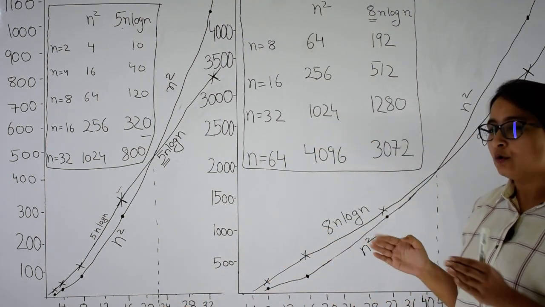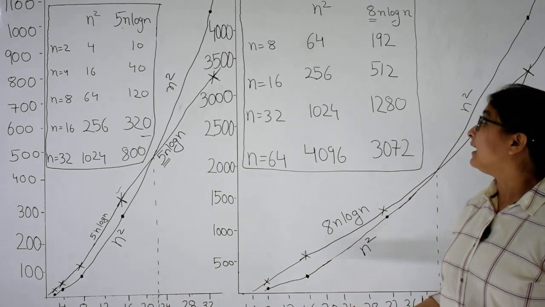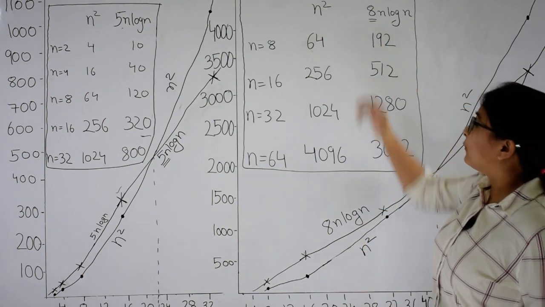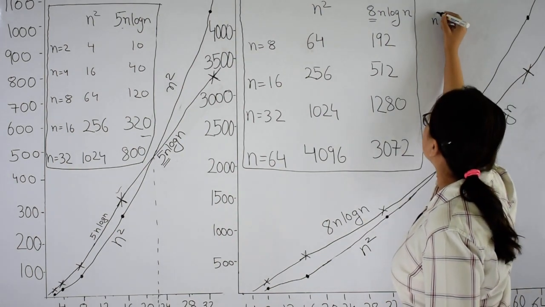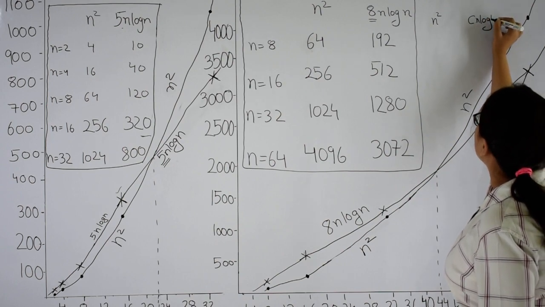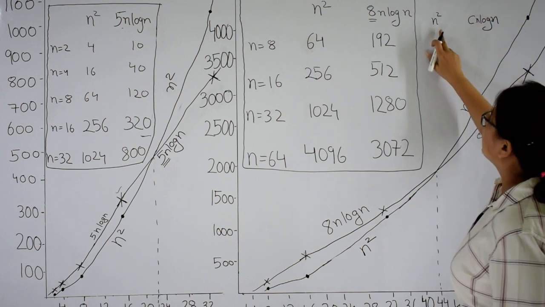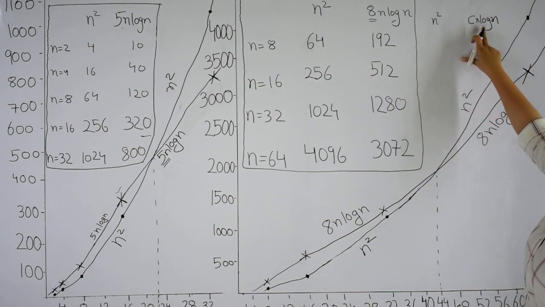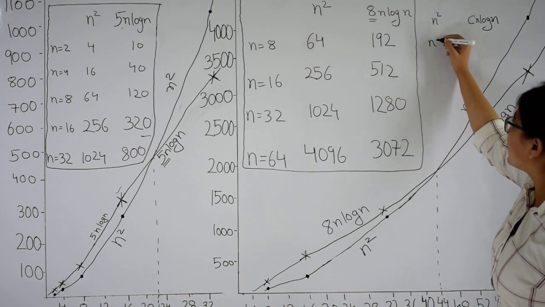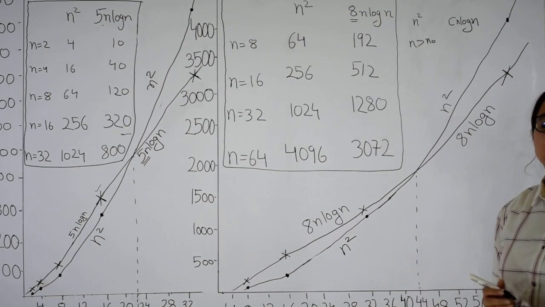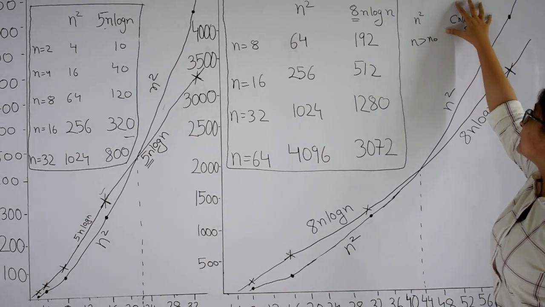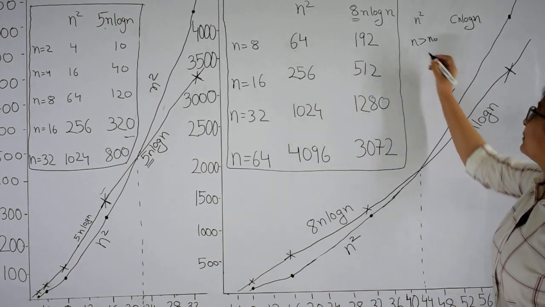So what I want to convey is that after some value of n naught, let's say there is n square and there is c n log n, where c is some constant greater than 0, after some value of n, where n is greater than n naught, n square will be giving you a value larger than c n log n.